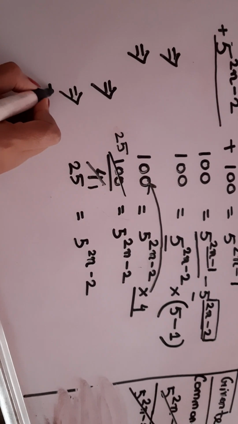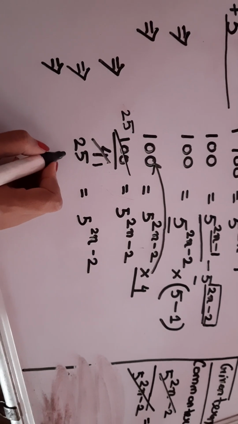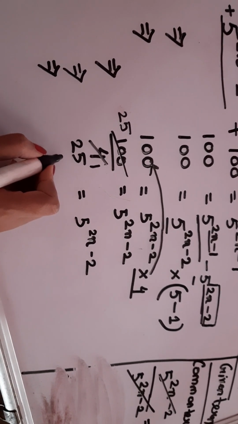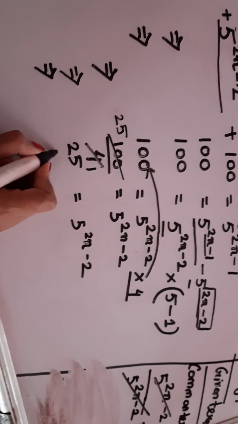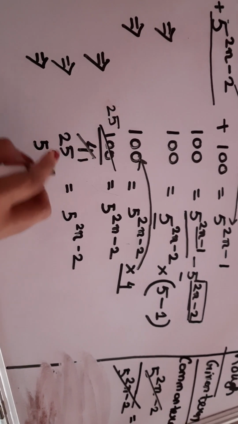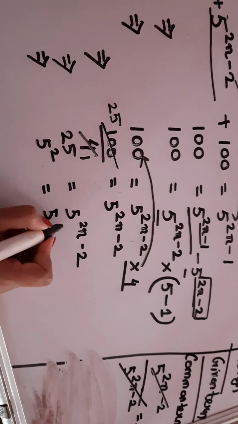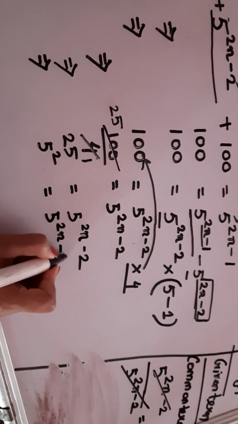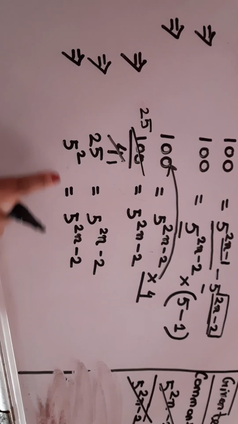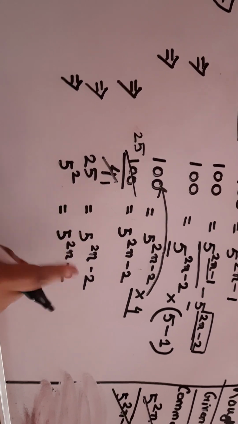Now again what we can do, 25 we can write as base 5, right? With the base 5, that means 5 square, it is 25. 5 5s are 25. So in place of 25 we can write 5 square equal to, this will remain the same, 5 to the power 2n minus 2. Now see, the bases are same on both the sides, so we will just equate the power.